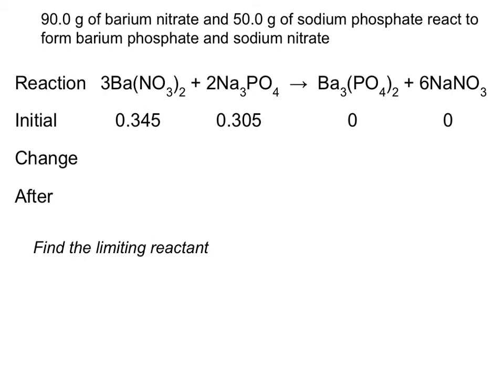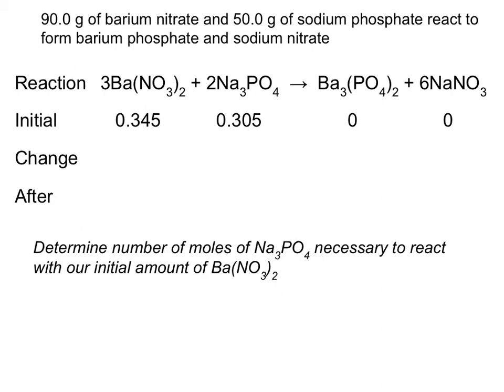Next, we're going to find our limiting reactant. To do that, let's determine the number of moles of sodium phosphate that are necessary to react with our initial amount of barium nitrate. So we know that we're starting with 0.345 moles of our barium nitrate.